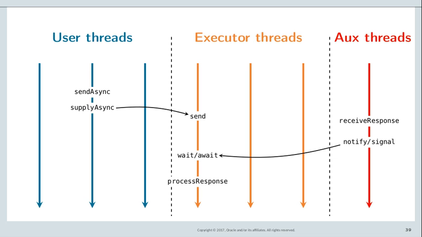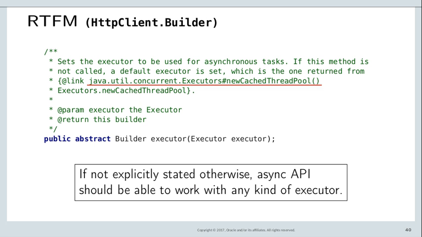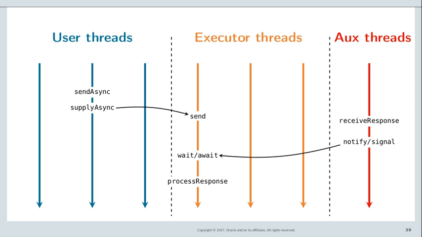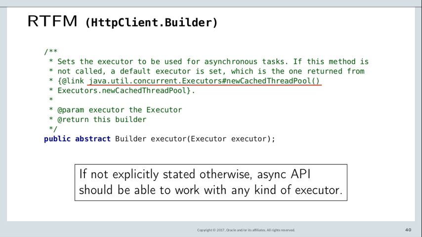Because of that, the thread should receive the response, process all incoming information quickly, and distribute it to the waiters which wait. Okay, it looks like everything is fine here, but it's only half of the picture. By default, our HTTP client uses a cached thread pool.